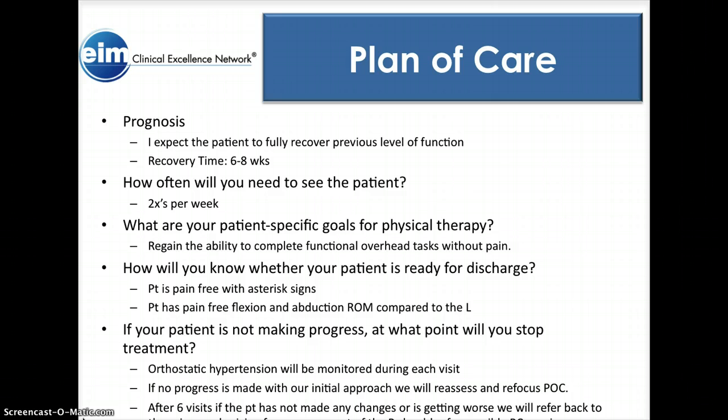I want the patient to be pain-free with asterisk signs, as well as pain-free with his range of motion, flexion, and abduction comparative to the left side. If there's no progress being made, modifications to the plan of care and manual treatment will be reassessed. And then if that doesn't change any of his symptoms, he'll be referred back to the primary physician for a consult and possible right shoulder rotator cuff repair.